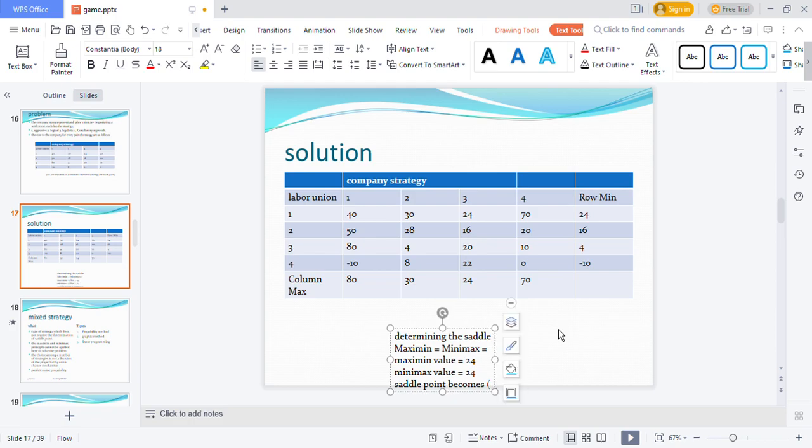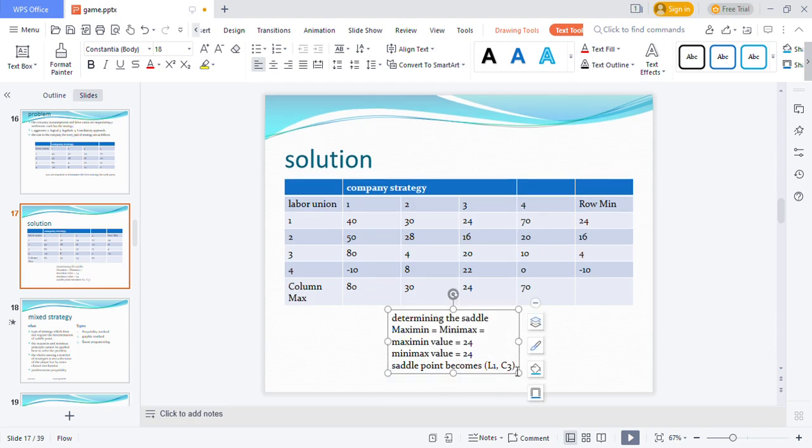We start with labor, L, labor union, so L1, and C, company C3. So the saddle point is L1 and C3.